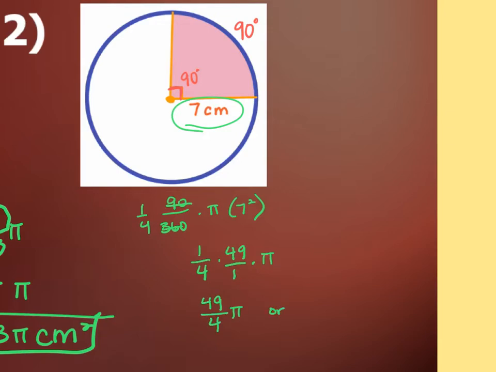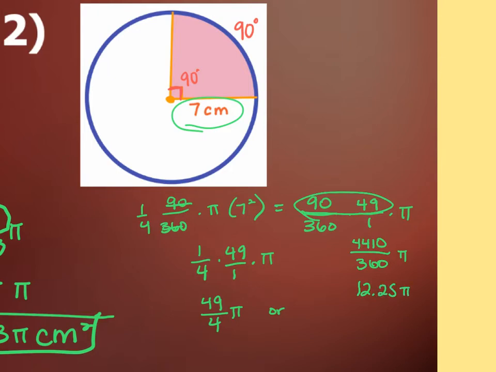Or I can again take this 90 over 360 times 49 over 1 times pi. Multiply out the 90 and the 49. And I'd get 4,410 over 360, which is 12.25 pi.